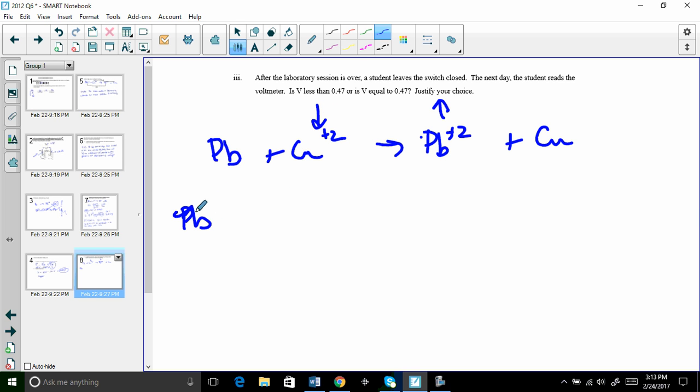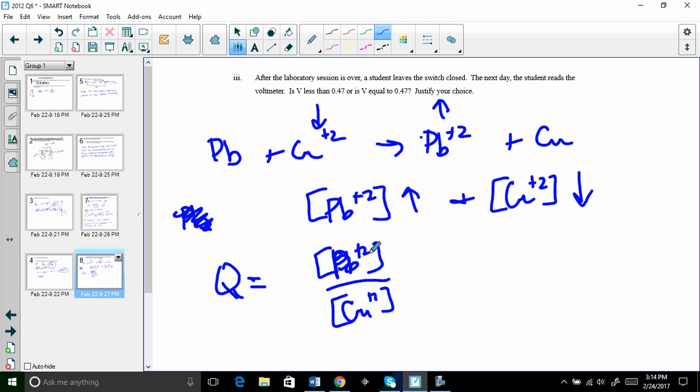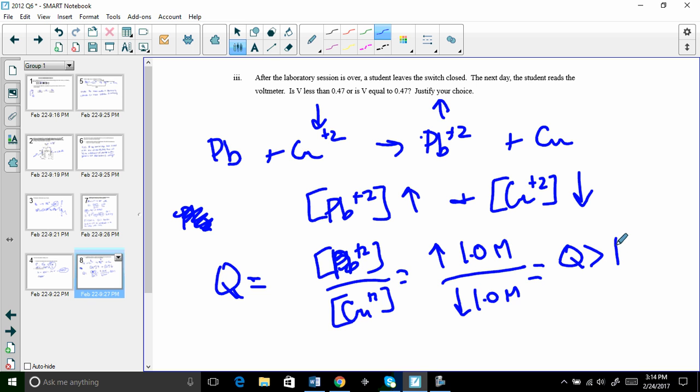So basically, as this battery runs overnight, the Pb2+ concentration goes up, and simultaneously the Cu2+ concentration goes down. So the old Q was Pb2+ over Cu2+, where this was 1 and this is 1. The new one is this number's bigger than 1, and this number's less than 1. If you take a number bigger than 1 and divide by a number less than 1, Q is obviously greater than 1.